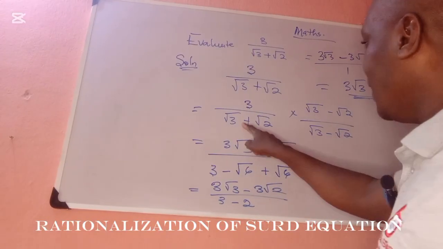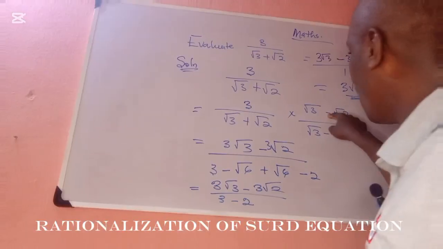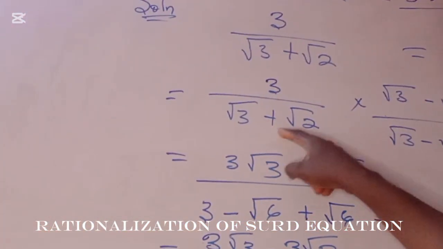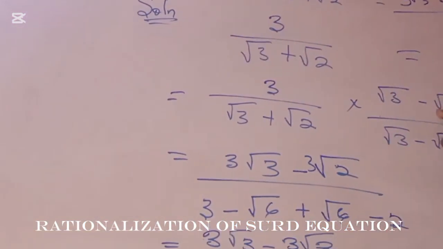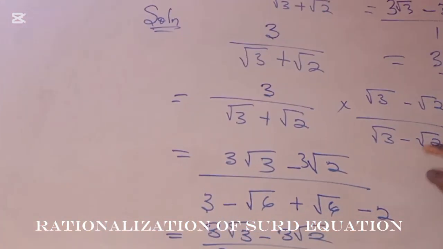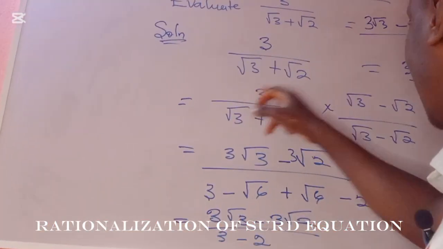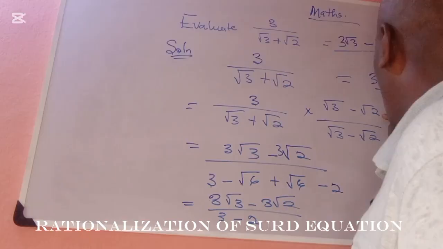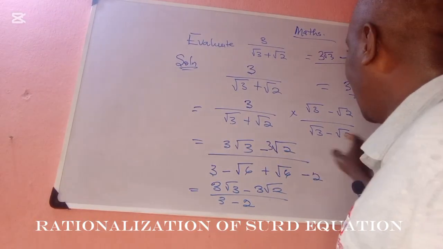Because of this plus sign, during rationalization we turn it to negative, which we now have as 3 all over root 3 plus root 2 times root 3 minus root 2, all over root 3 minus root 2. So when we do, we multiply this. 3 times root 3 will give us 3 root 3. 3 times root 2 will give us 3 root 2. Then come down, we multiply this by this.